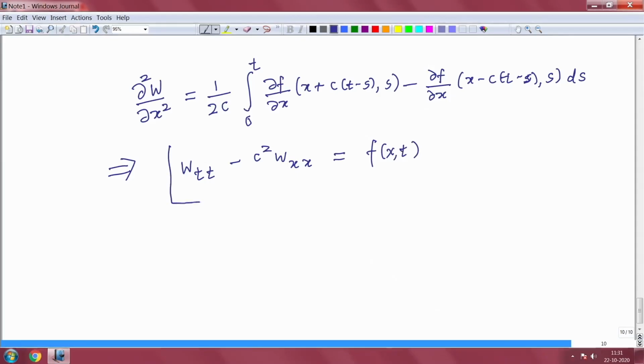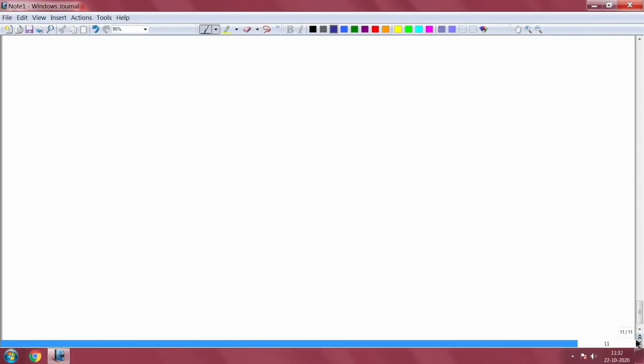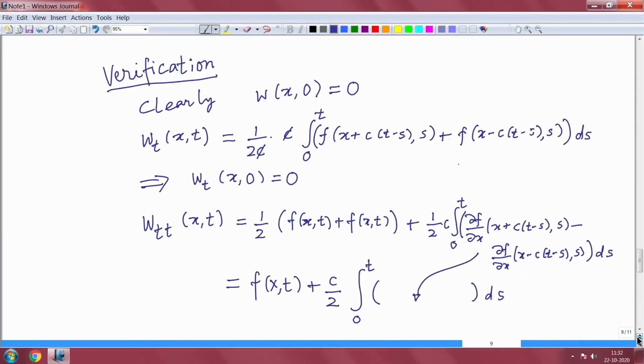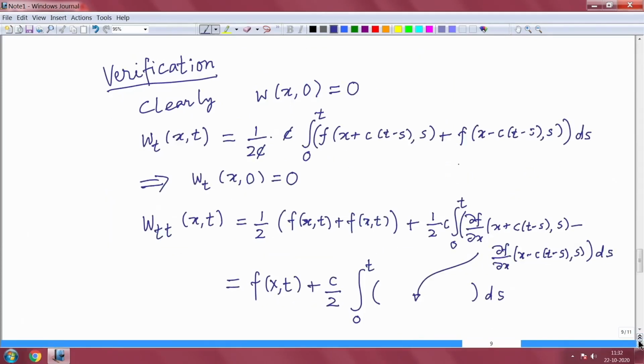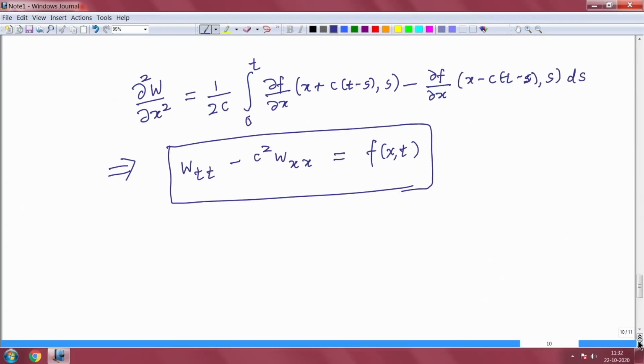So, indeed, w given by this Duhamel's formula from the Duhamel's principle satisfies equation 6, and with the initial condition, let me write once again, w(x, 0) equal to 0, w t (x, 0) equal to 0.